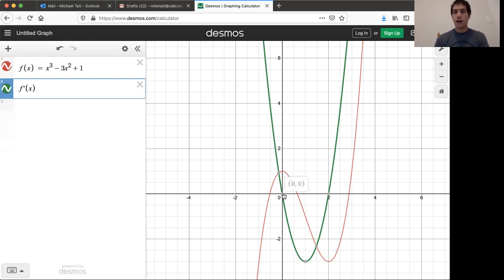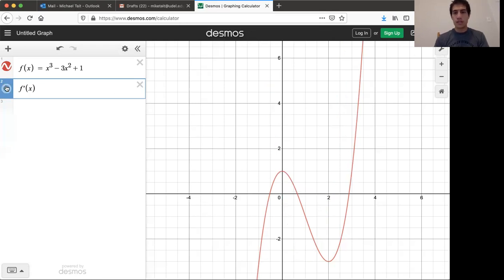Okay, and now you can think about what it means for the green function, the derivative, to cross the x-axis. So when is the derivative 0? Well, if the derivative is 0, that means the slope of the tangent line on the red function should be 0. And that means if I drew the tangent line to this red function, it would be a horizontal line, right? That's a line that has slope 0. And you can think about where that would happen on the red function.